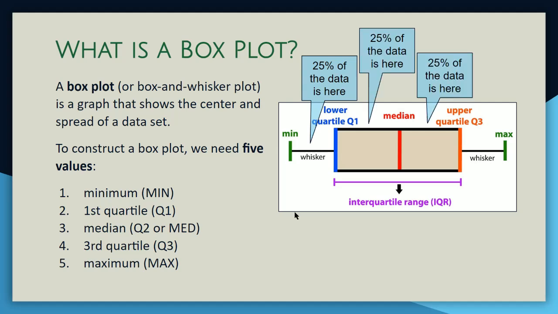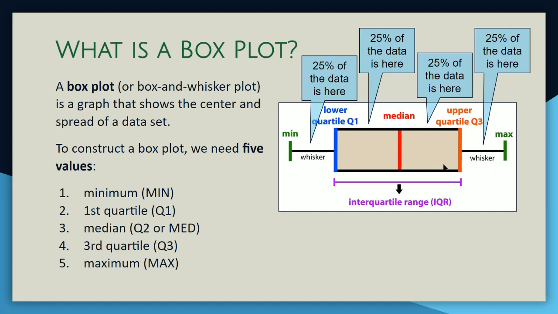Because we're using quartiles as our measurements, and we know quartiles divide data into 4 equal chunks, 25% of the data values should be represented by that lower whisker. 25% of the data should be between the lower quartile and the median in this section of box. A quarter of the data is between the median and the third quartile.